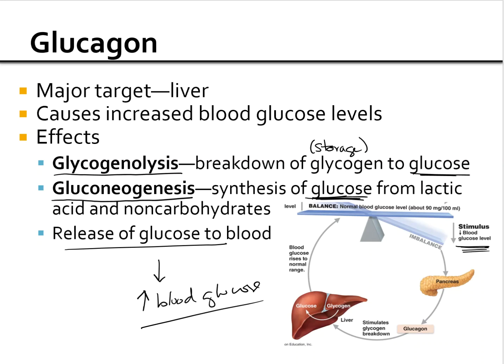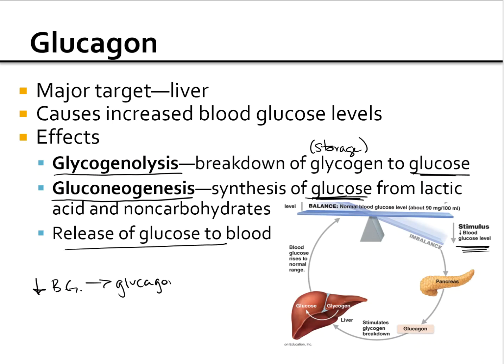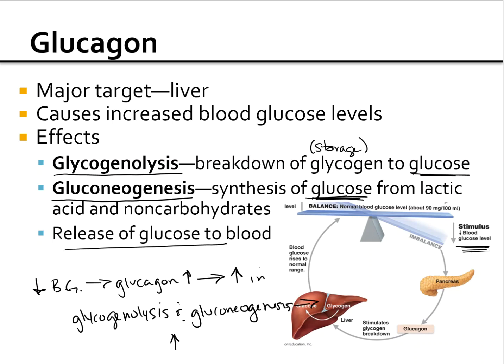Okay, so again, in the case here, a decrease in blood glucose causes glucagon to increase, which causes an increase in glycogenolysis and gluconeogenesis, which causes an increase in blood glucose.